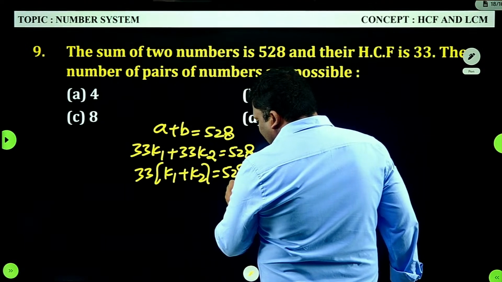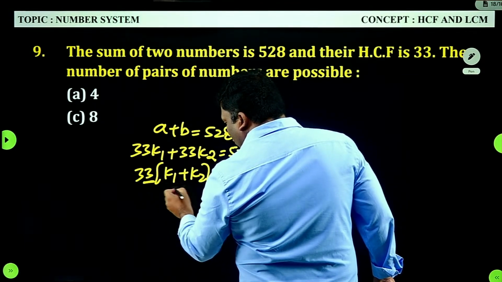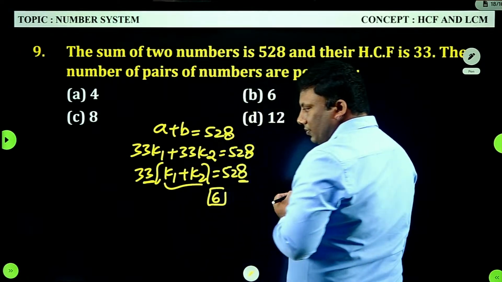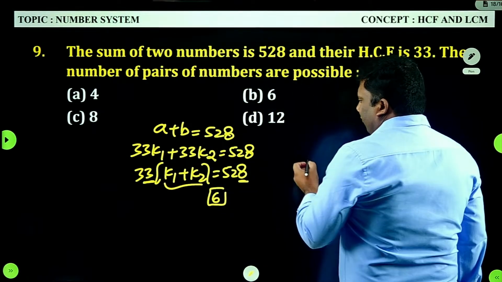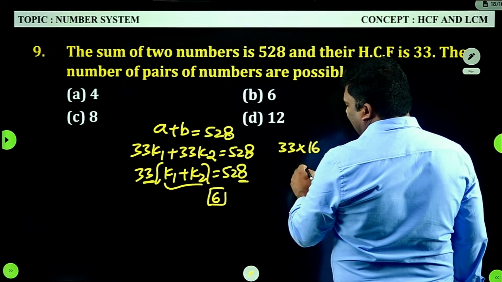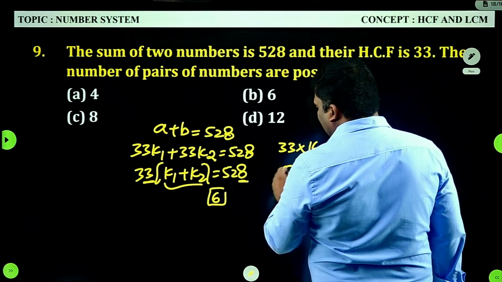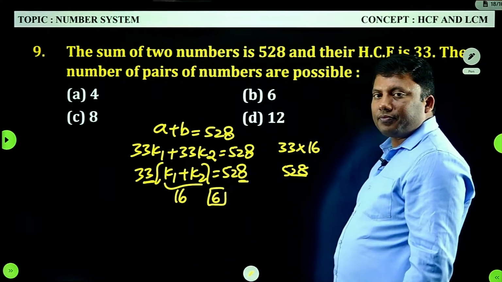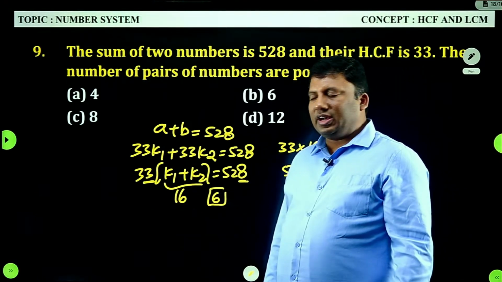Here it is 8, here it is 3, so it should end with 6. So 33 into 16: 16 threes are 48, 528. That means K1 plus K2 should be 16.